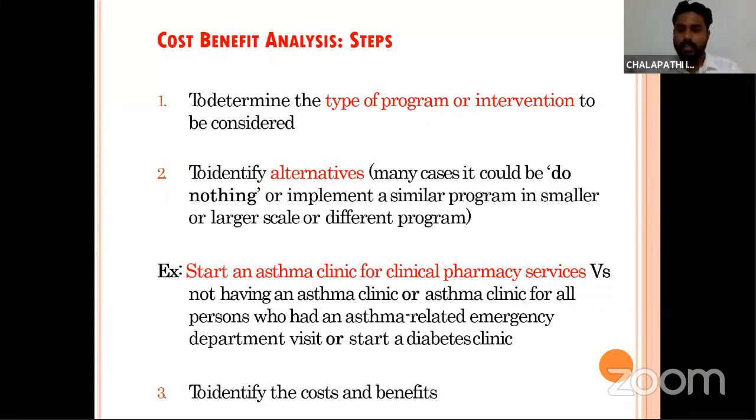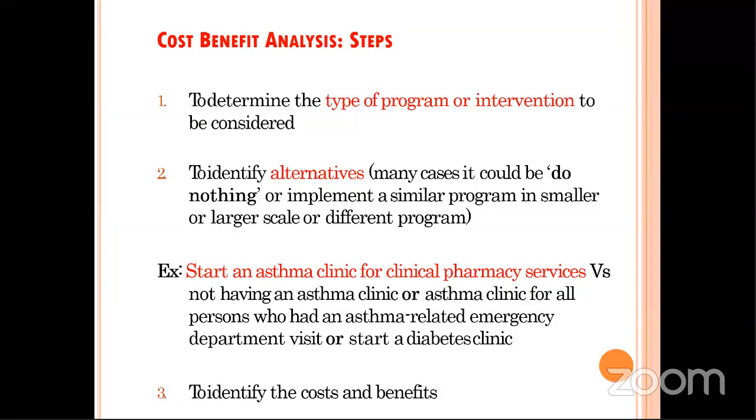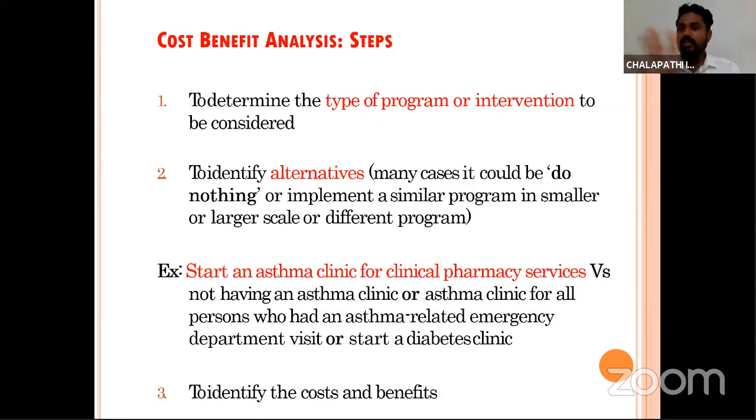Now, the benefit they are going to get, I have to convert into monetary units. Whatever I put in to establish this asthma clinic will be considered my cost. I'm taking a room, so I have to give rent. I have to buy the spacers, dummy inhalers and everything.